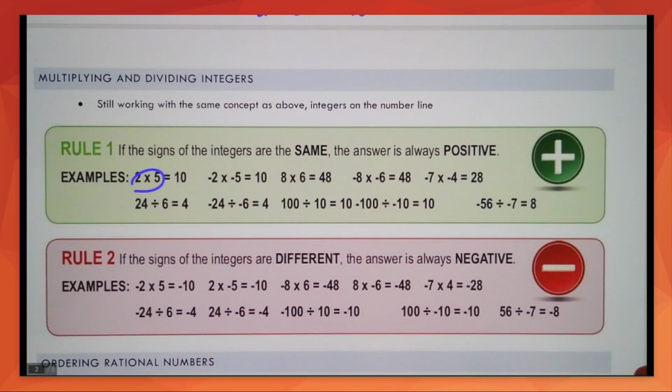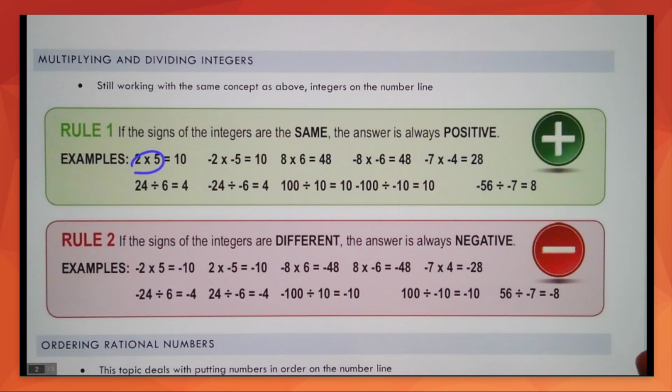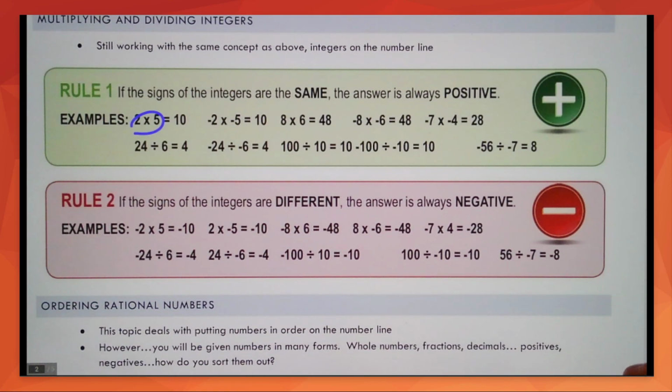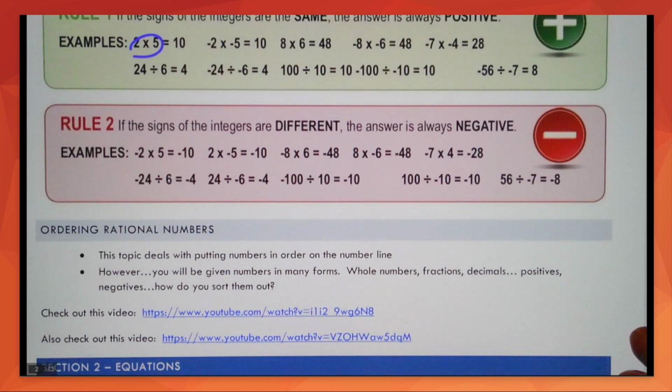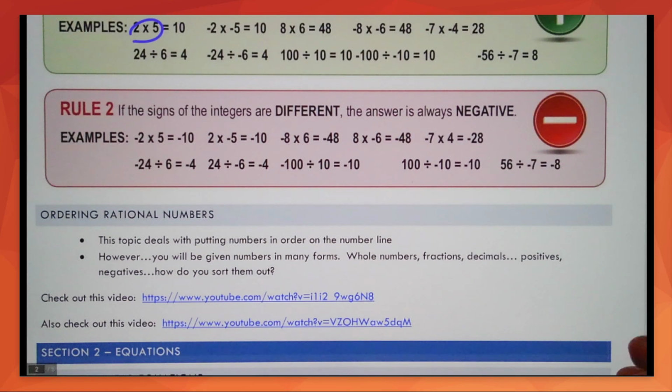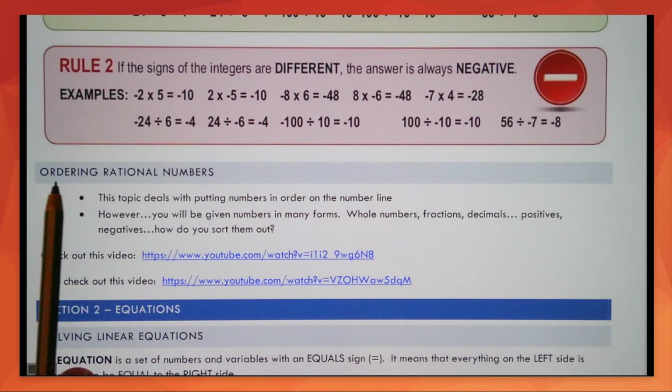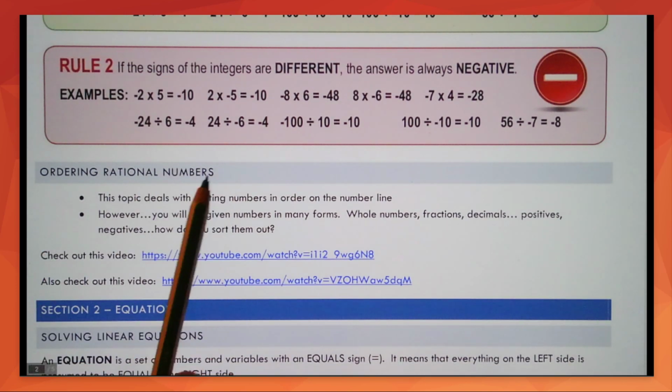Okay, so we breezed through that really quick, but pretty easy to grasp, I think. The next little piece of this, before we move on to equations, is right here, ordering rational numbers.